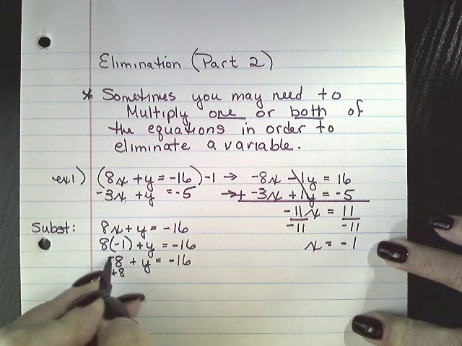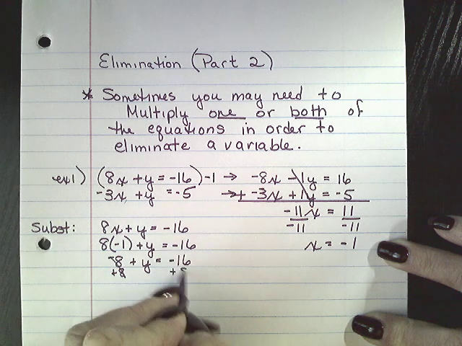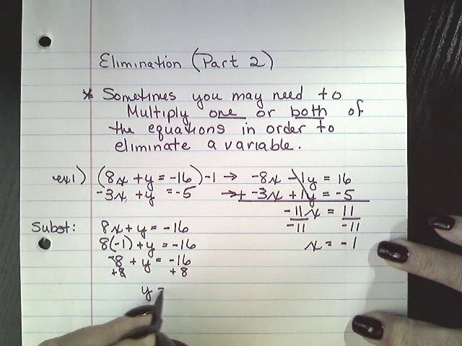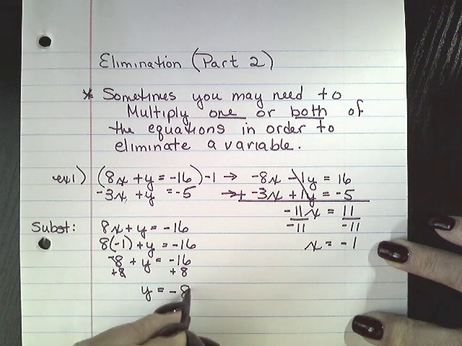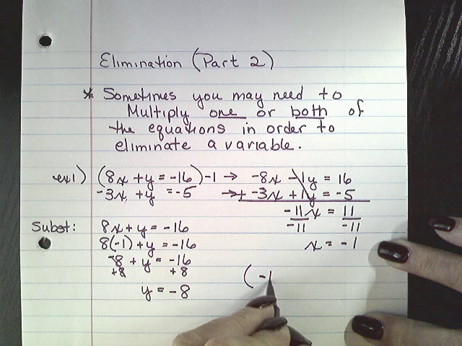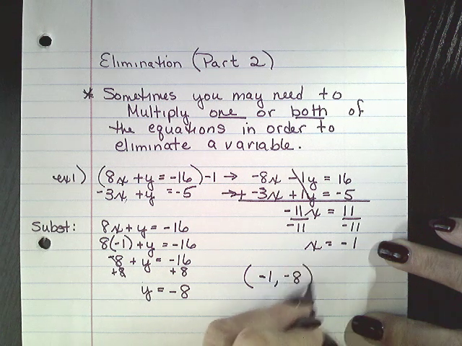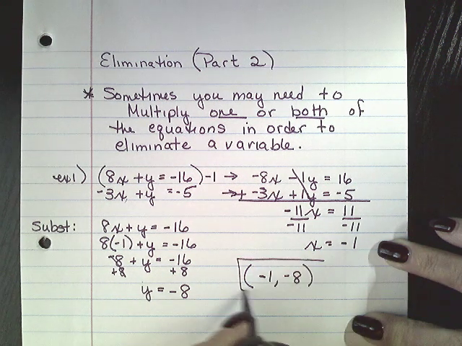I'm going to add 8 to both sides, and then I'm going to get y is equal to negative 16 plus 8 is negative 8. Therefore, my coordinate pair is negative 1, negative 8.